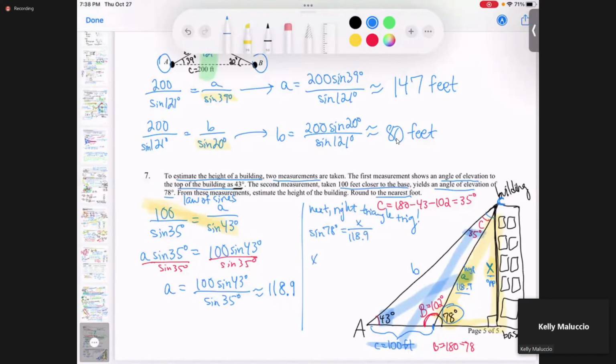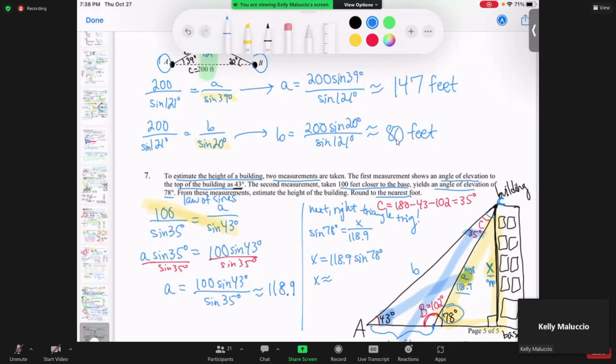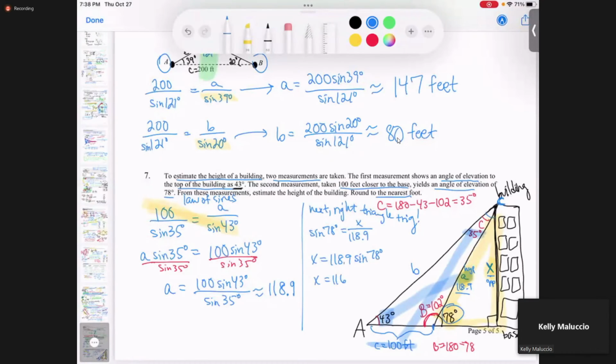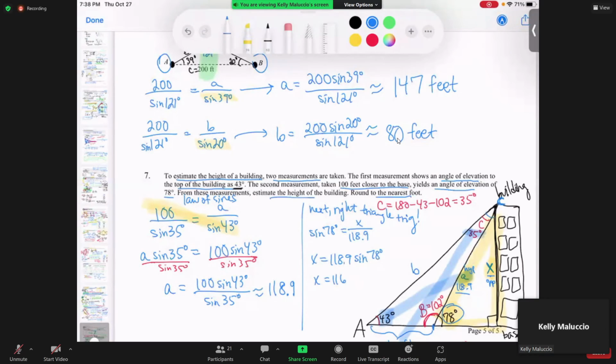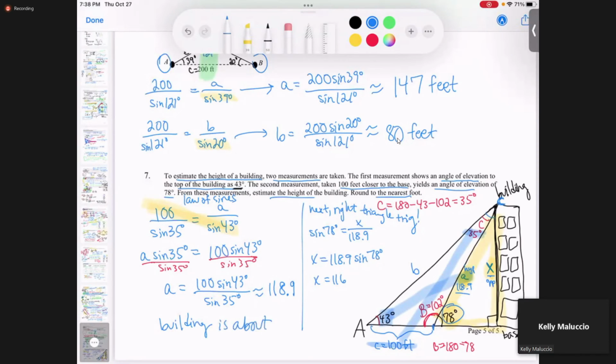So then x should equal 118.9 sine of 78 degrees. And they did say round to the nearest foot. So actually, maybe I'll just say it's like 116, I think. Right? Yes. So, estimate the height. So the building is about 116 feet. Final answer, right?